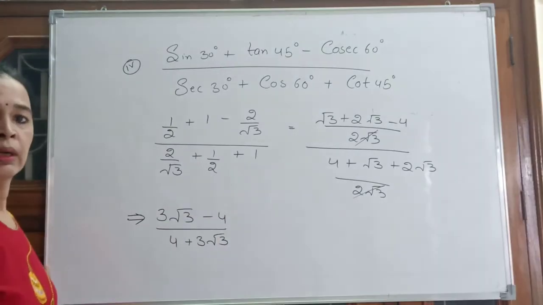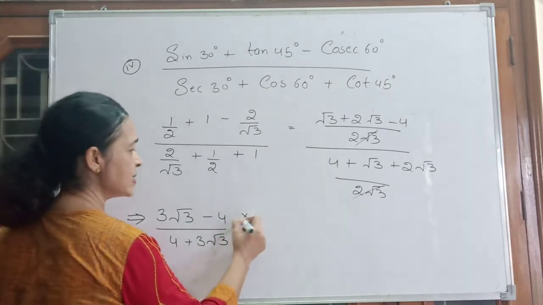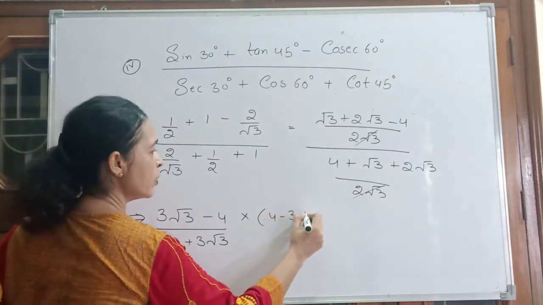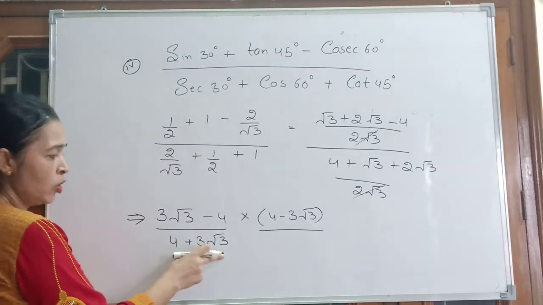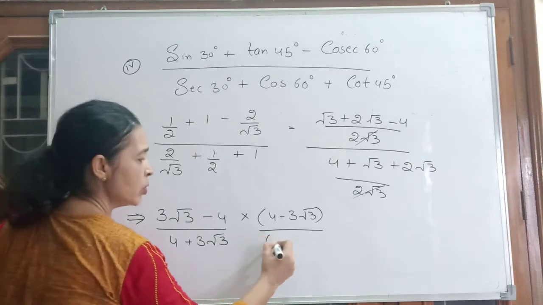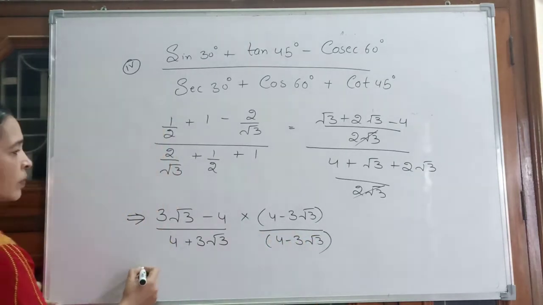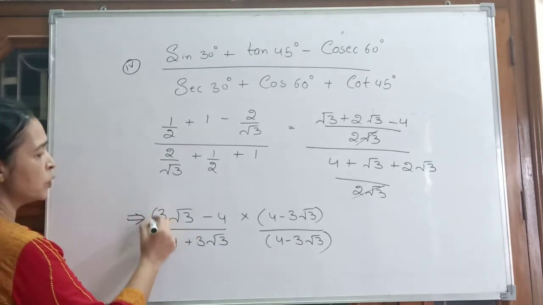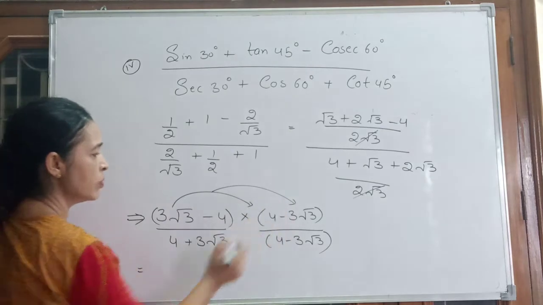Now we have roots in the denominator, so we have to rationalize it so that we don't get roots in the denominator. Denominator is 4 plus 3 root 3. We will rationalize it with 4 minus 3 root 3. Now what you have to do? Multiply 3 root 3 first with 4, then with 3 root 3.